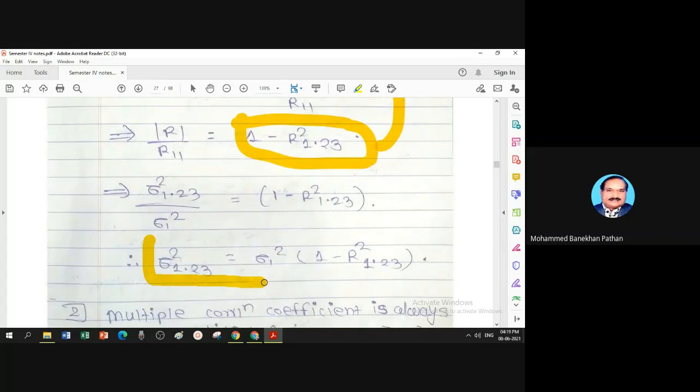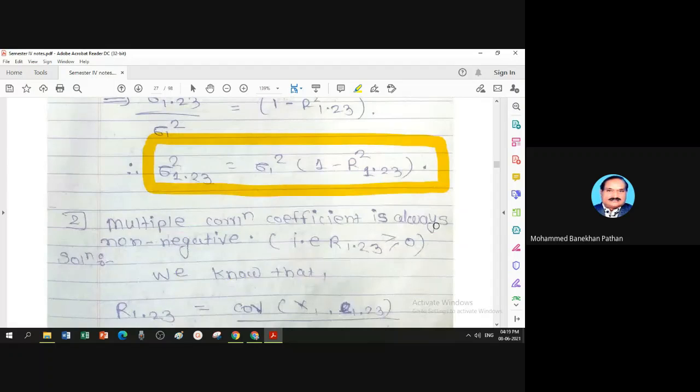Number 2: the multiple correlation coefficient is always non-negative, a very important property. You know from your first year that the correlation coefficient, the total correlation coefficient between two variables, is always between -1 and +1.